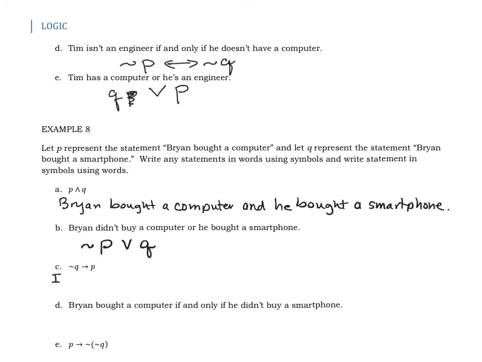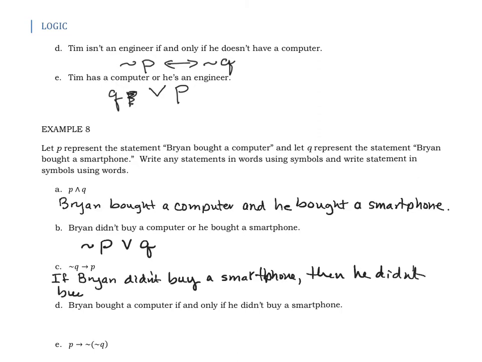So if, and it's conditional, if Brian didn't buy a smartphone, then he didn't buy a computer.